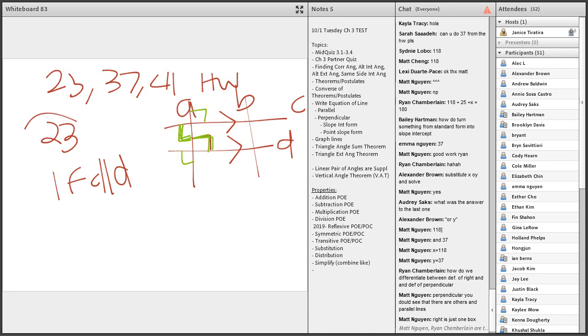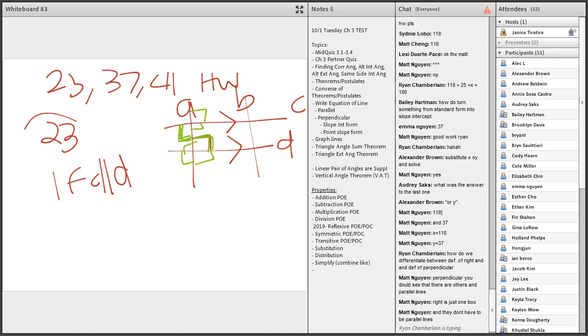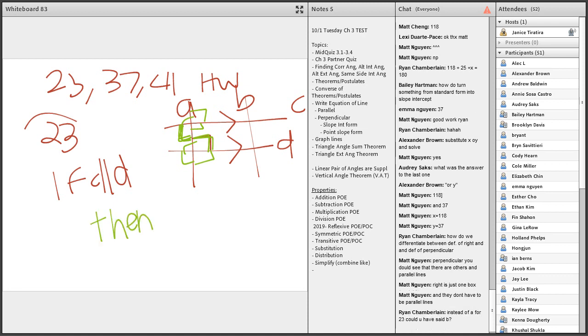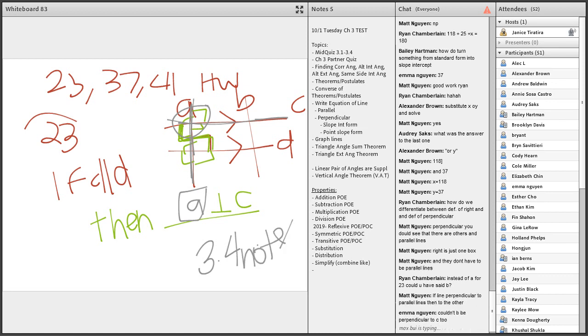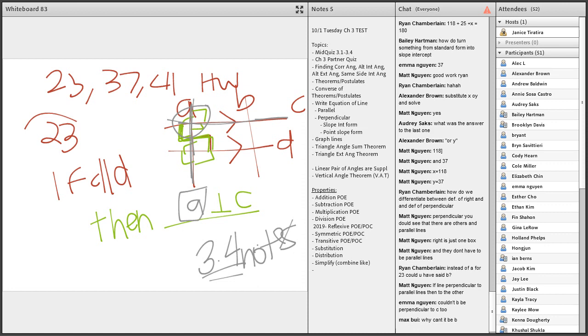These are all a bunch of 90 degrees if you haven't noticed already. The conclusion asks what's perpendicular to line C. It has to be line A, right? Notice line A is now a bunch of perpendiculars. So line C and line A are perpendicular. I think that's one of the theorems from notes 3.4. You can check out the book 3.4 or your notes 3.4.